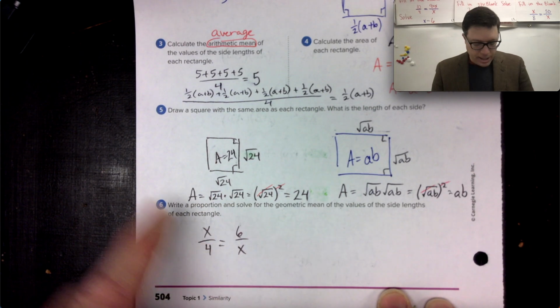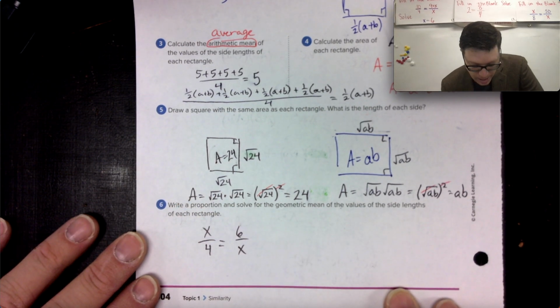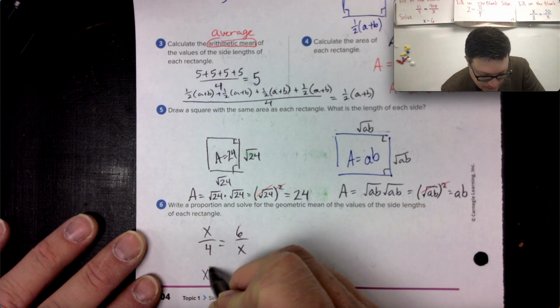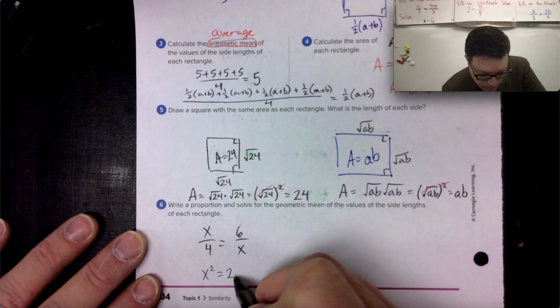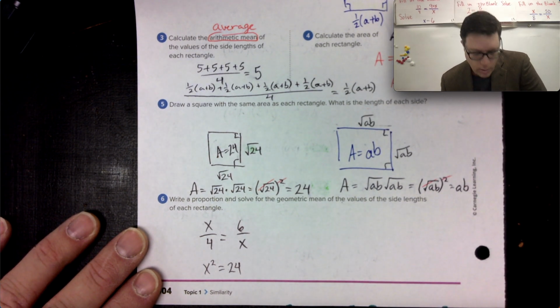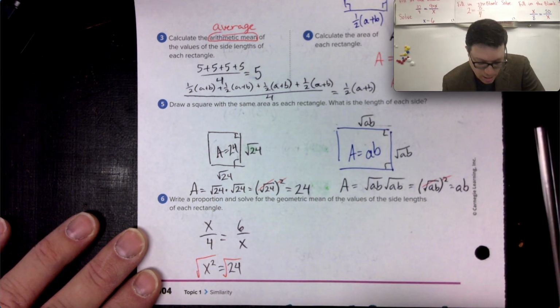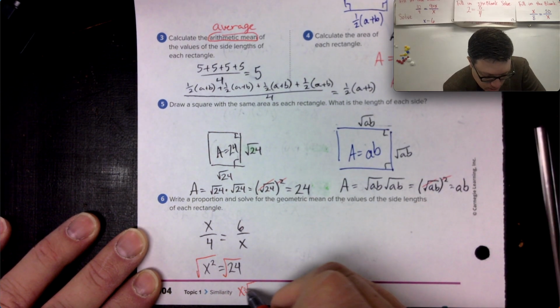That's what we mean by writing a proportion and solving for the geometric mean. So here it goes. X times x makes x squared. 6 times 4 makes 24. And to solve this, we have to do the opposite of squaring, which is square root. And we'll square root both sides. So therefore, x equals square root 24.